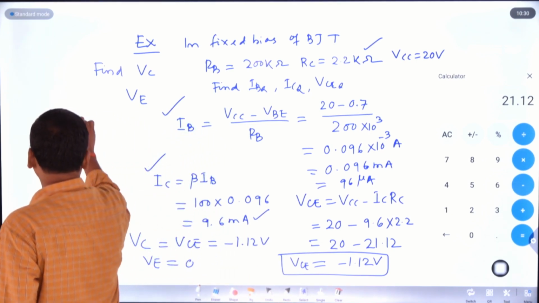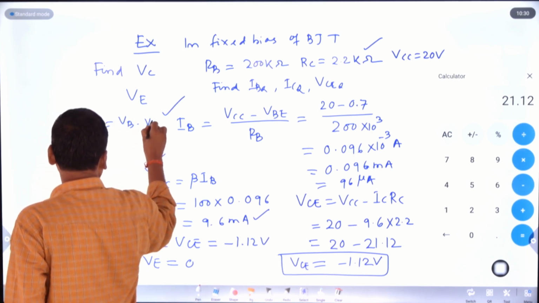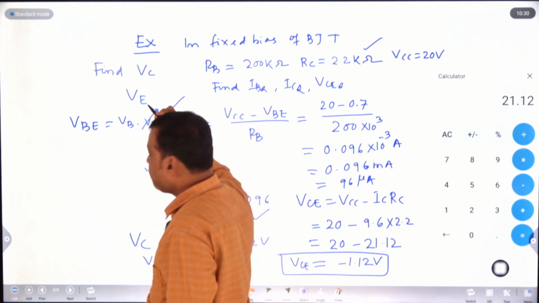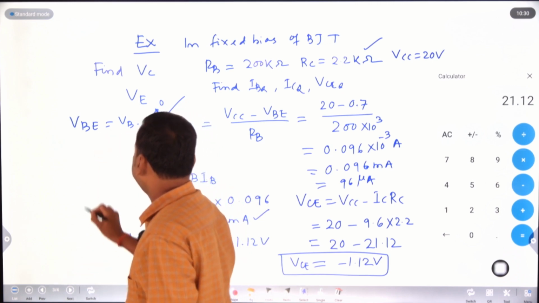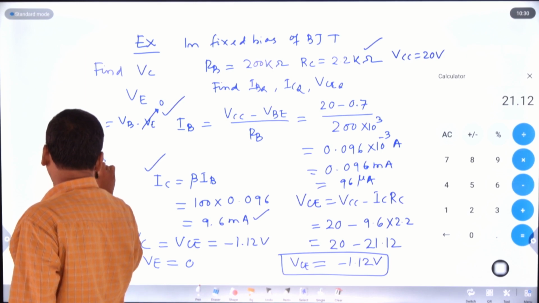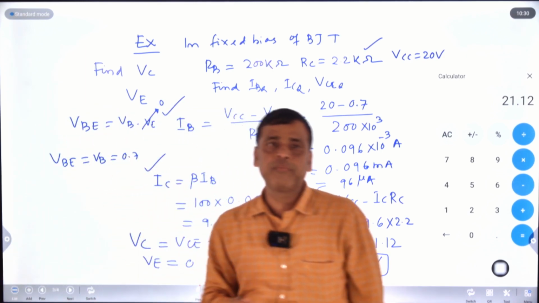Similarly, VBE is nothing but VB minus VE. Already I told you the emitter potential with respect to ground, VE, is 0. If VE is 0, then VBE equals VB. In case of fixed biasing, it is 0.7 for silicon and 0.3 for germanium.